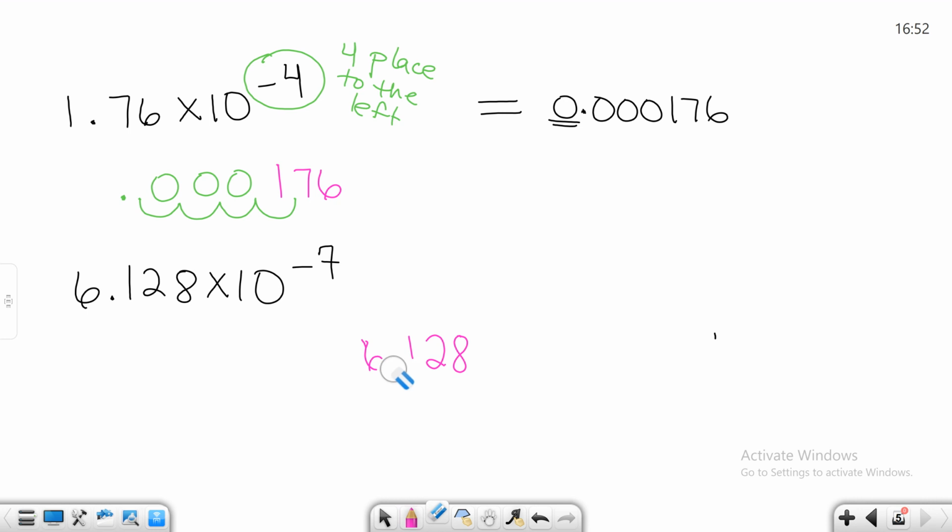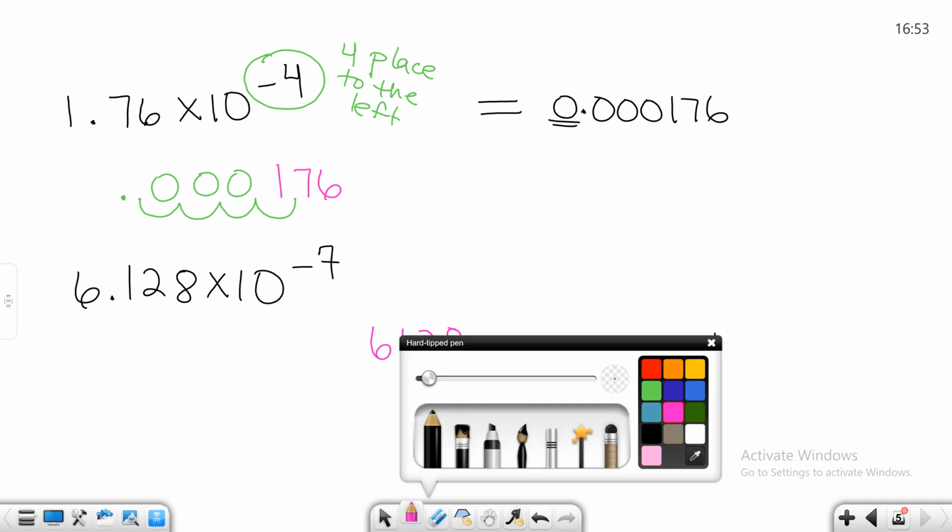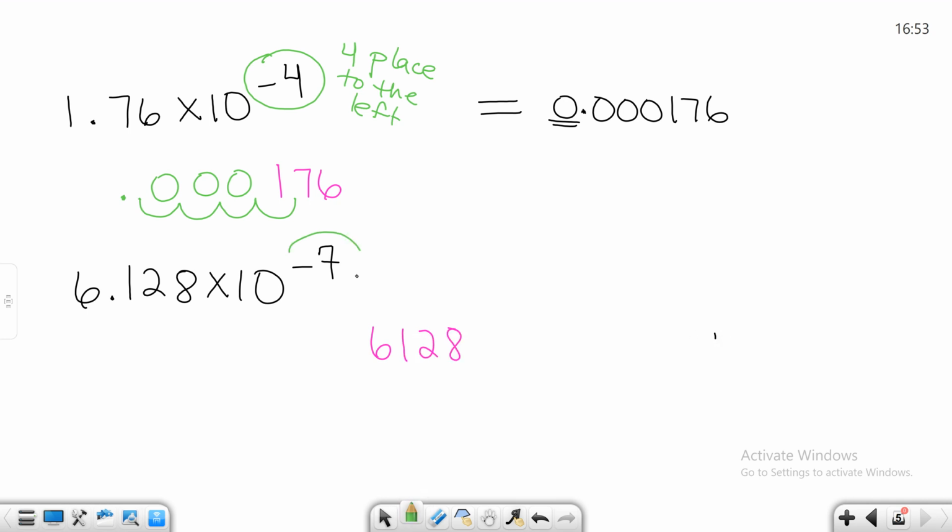Oh, I'm sorry. Don't write that decimal. 6128. Now, keeping in mind where my decimal was, I'm going to go 7 places left.